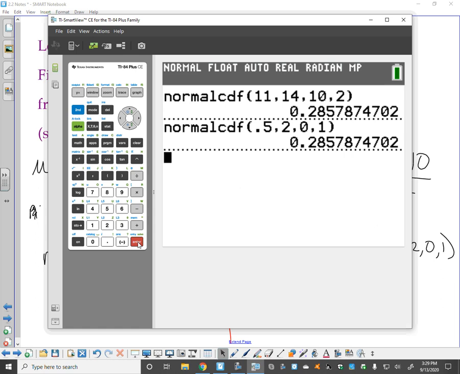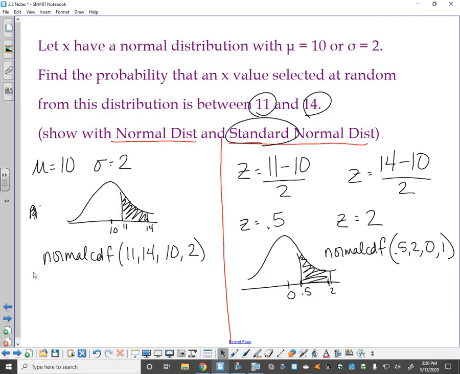So you guys can see that it is right to 3, 6, 9, 10 decimal places. It is correct. 0.286 is the probability, or 28 point whatever the decimals were.